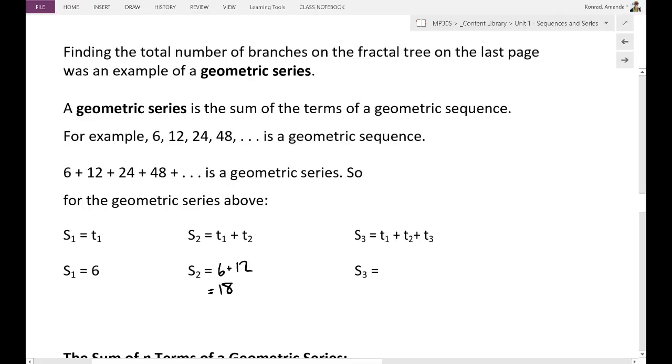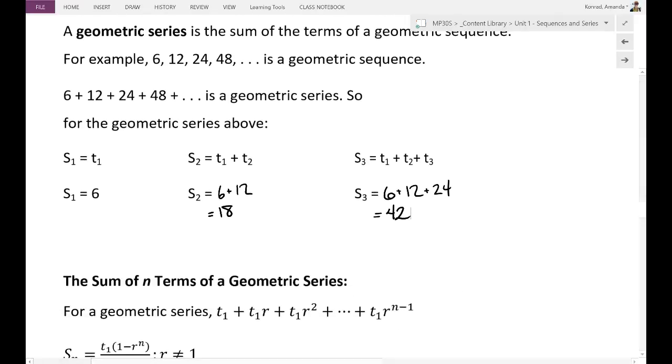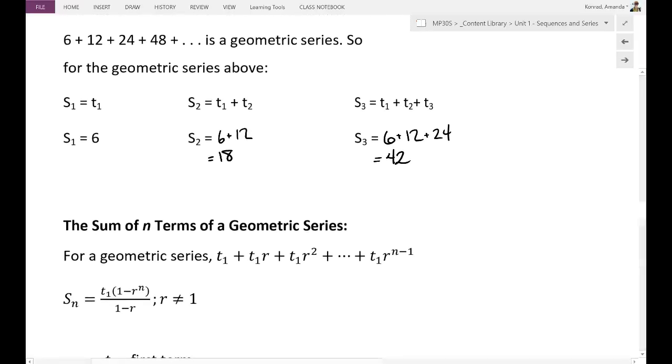If we continue, for 3 terms, it would be 6 plus 12 plus 24. That could also be looked at as 18 plus 24, so that is 42. As you can see, again, we're getting into really big numbers, just like we did with our arithmetic sequences and their series. So we want that equation as soon as humanly possible.